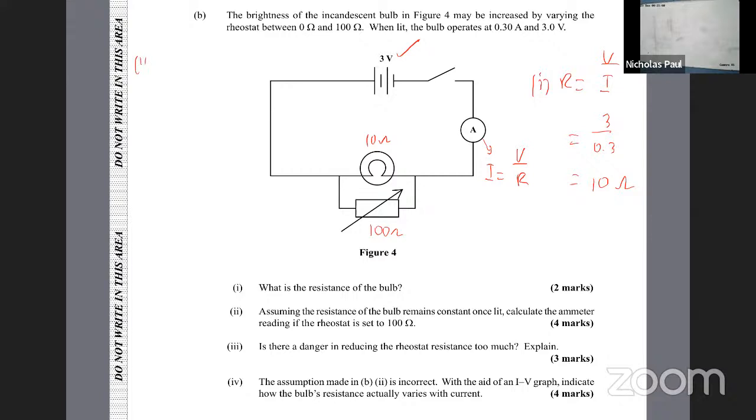Working out the resistance in parallel: 1 on R is equal to 1 on 10 plus 1 on 100. So 1 on R is equal to 11 over 100. R is 100 over 11. Anybody got that?